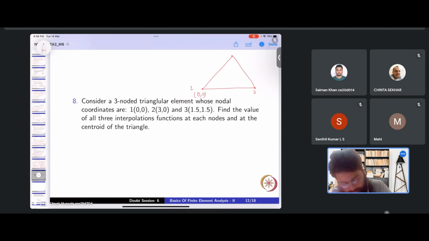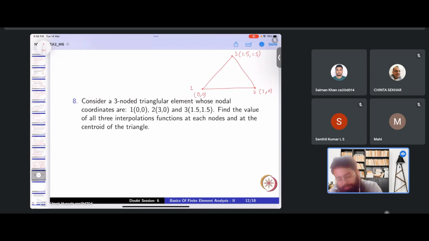Second node is at 3, 0. Third node is here at 1.5, 1.5. We need to find the interpolation functions at each node and at the center of the triangle. At each node, I think it's pretty straightforward. We don't need to calculate the interpolation function actually.